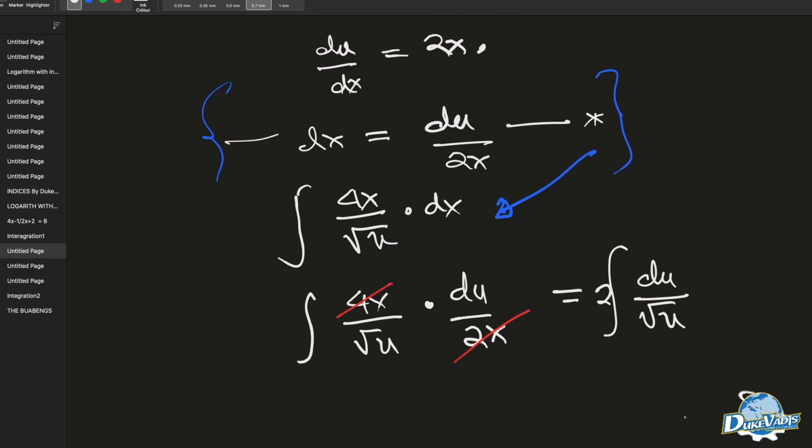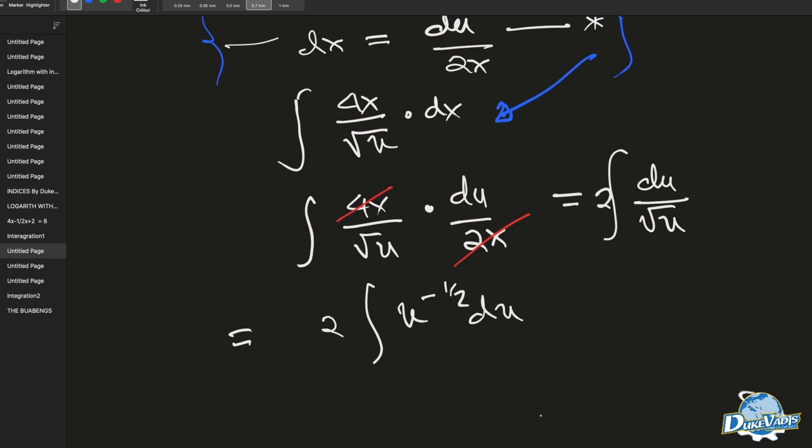We can equally say that this is 2 out, u raised to the power negative half du. I hope this makes sense. Now we know that if we have the integral of x^n, it's x^(n+1) all over n+1 plus c.